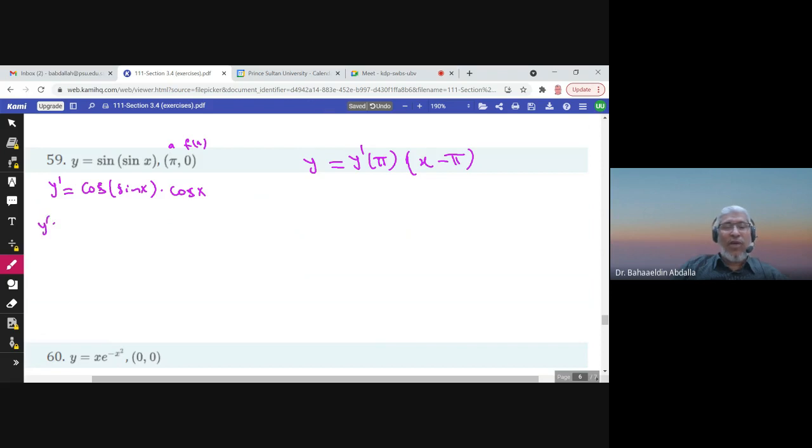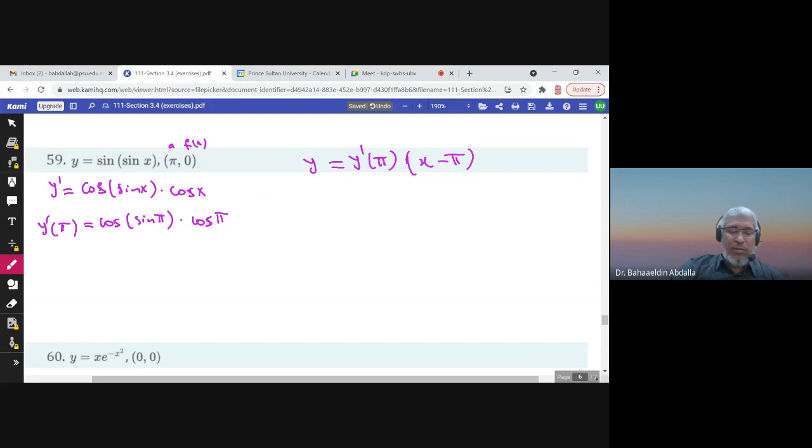So y prime at pi would be cosine sine pi times cosine pi. Well, sine pi is 0 and cosine 0 is 1.